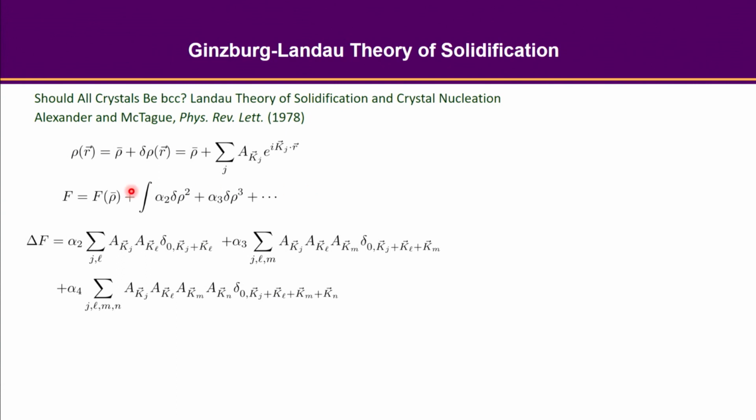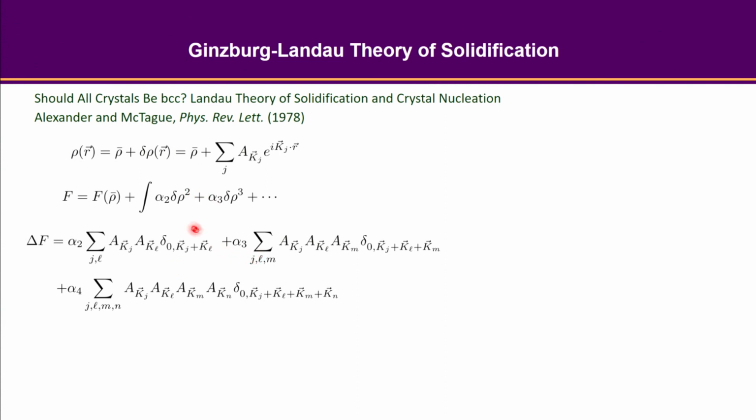Then the simplest assumption is that the free energy can be expanded in this density variation to a certain power, a polynomial of that. When you carry out this integral, we have shown that, for example, if you have this delta rho squared, so you have this density wave summation product, then you can pick any two of them to see whether two density waves summing up give you a zero factor.